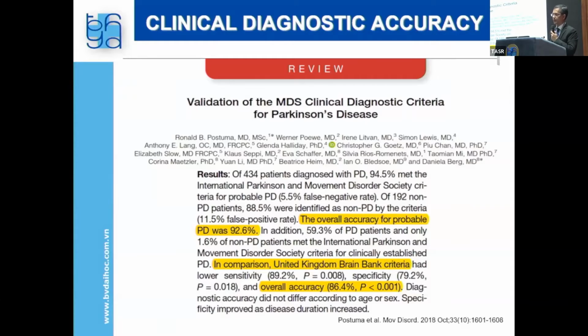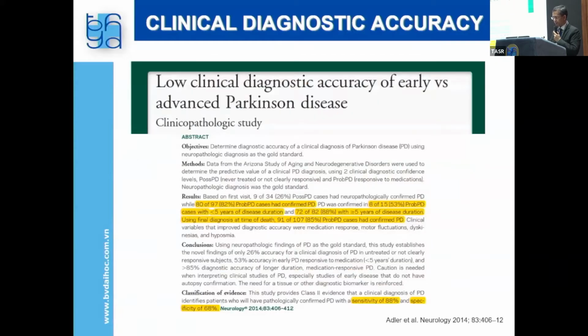The gold standard for this study is the movement disorder expert's role. So I think we need another study, a clinicopathological study, to validate this criteria.